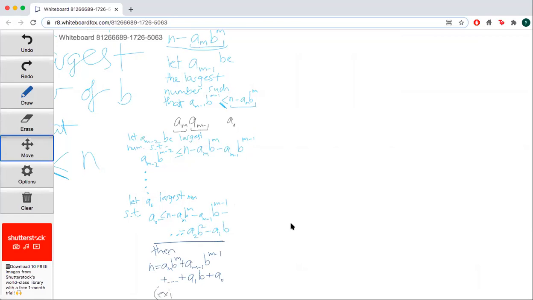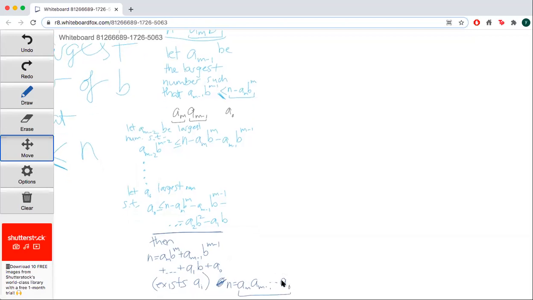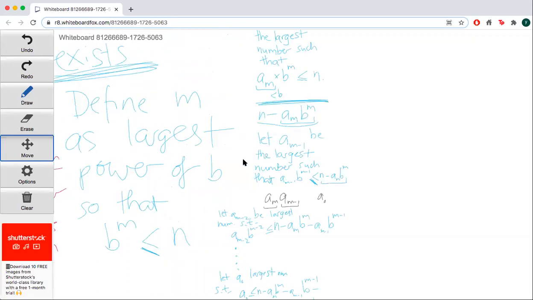That means we've found some coefficients a_i, some digits a_i that can be put in a sequence to give n. So I can express n in terms of digits a_m all the way up until a_0. This is the digit form of n. Okay, yay. So that means we've answered the first part of the question.